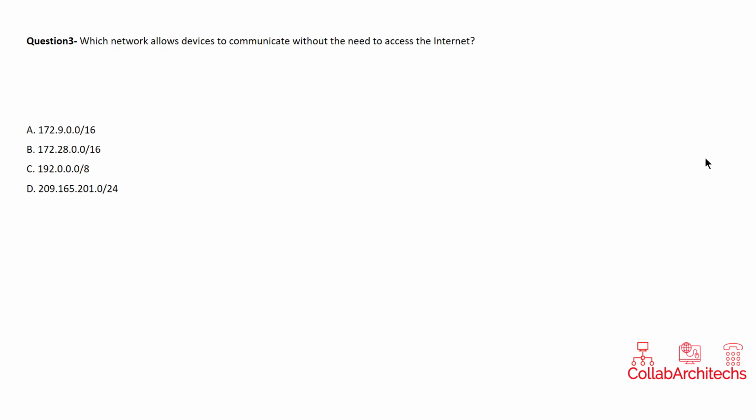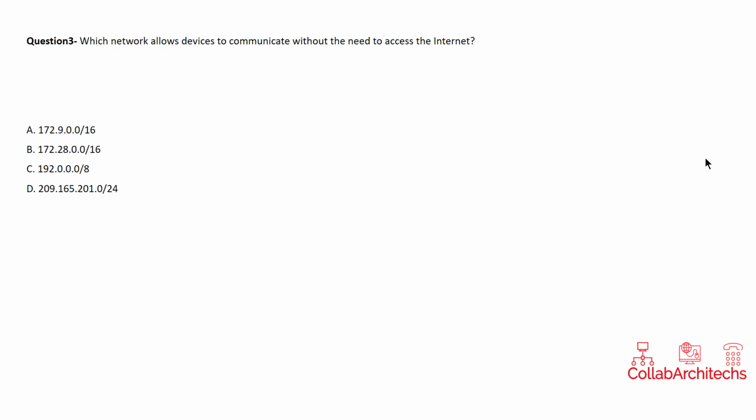If you are using a public address, then you need the internet for that. And if you are using a private network address, then you don't need the internet. It can be used within your LAN, your private network. In that case, the internet is not required.